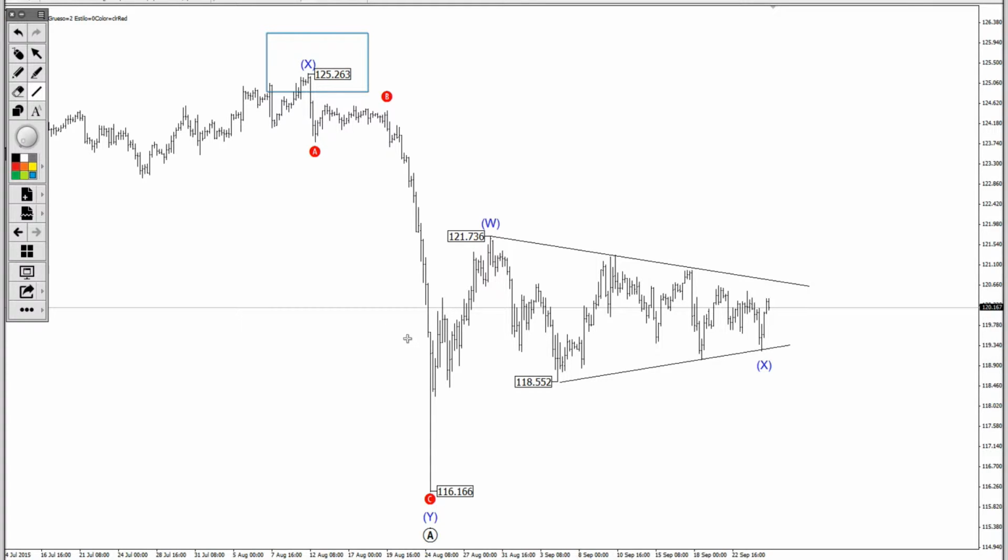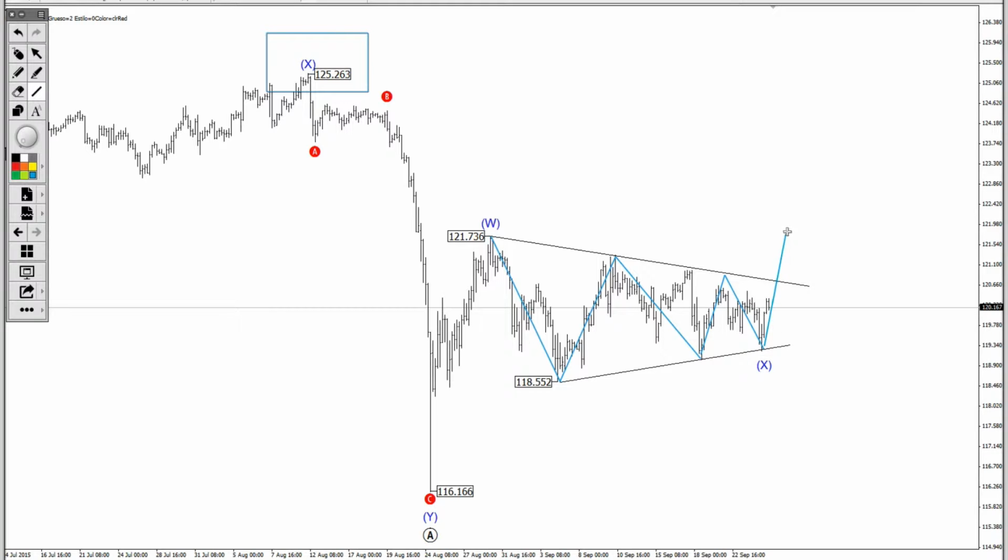So this triangle we have witnessed now, I can draw it into the charts about like so, is now completed and is a minute wave X in my wave count.